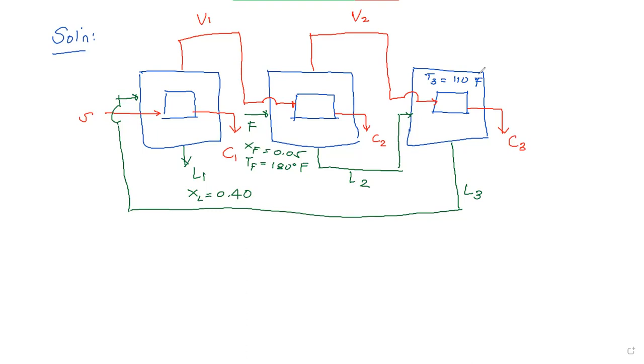And you're given the overall heat transfer coefficients for each effect. So for the first effect, you have 300. For the second effect, you have 500. And in the third effect, you have 400.